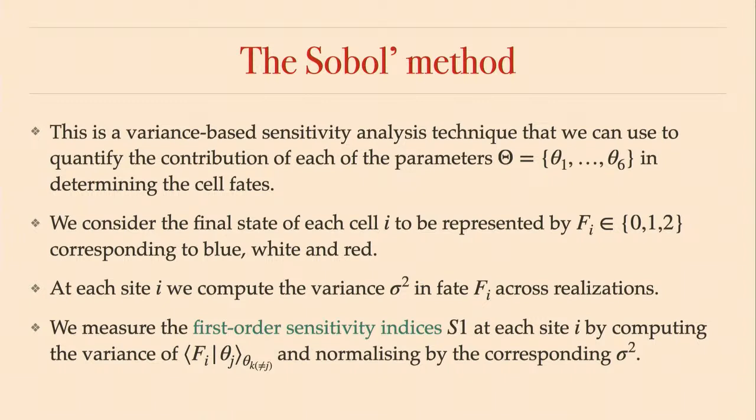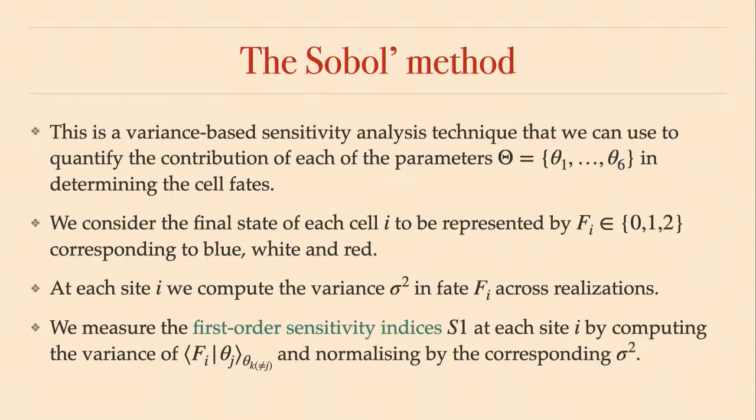Here I'm saying theta 3, and remember, I can also vary that as well. So I'm now taking the variance across different values of theta 3. First I'm fixing theta 3, taking an ensemble of all the other values and getting the average. Then I'm taking another value of theta 3, doing it again, another value, doing it again, and then taking the variance across this. So hopefully that made sense.